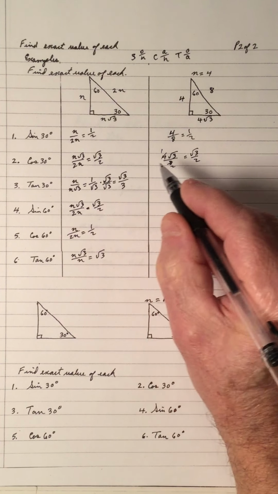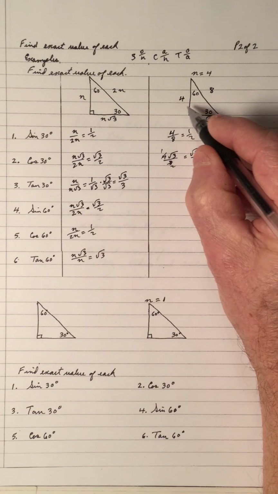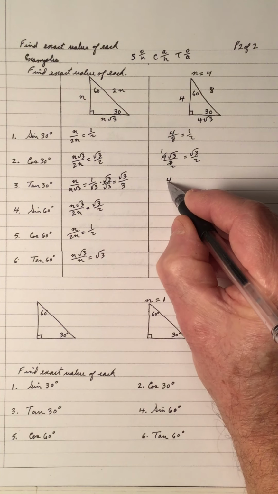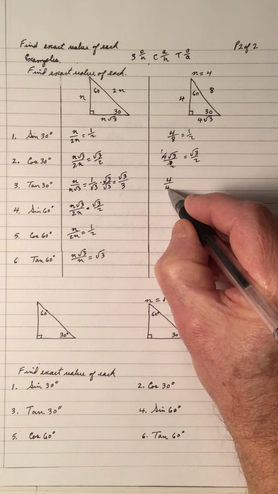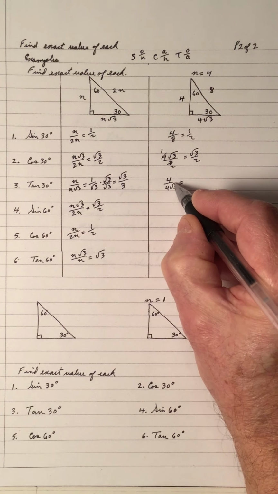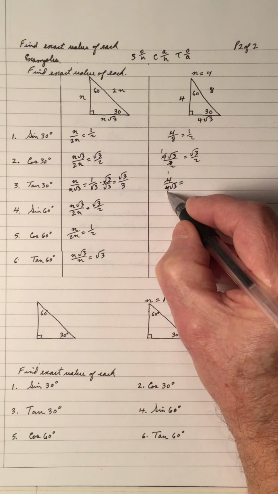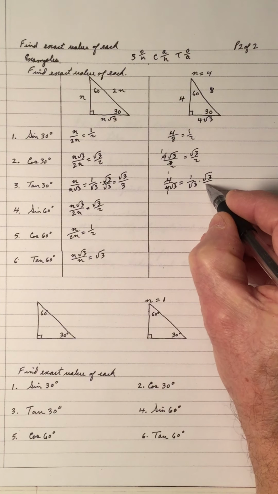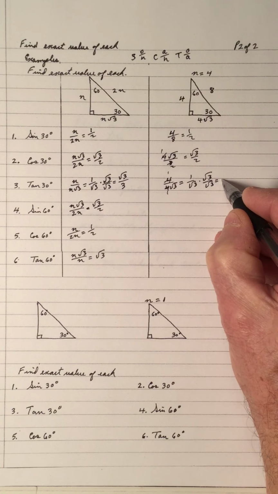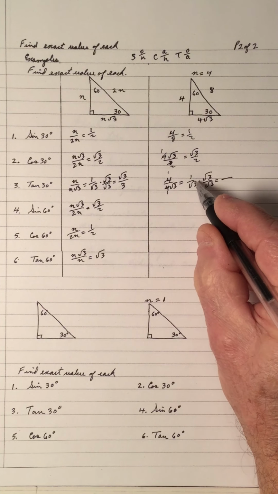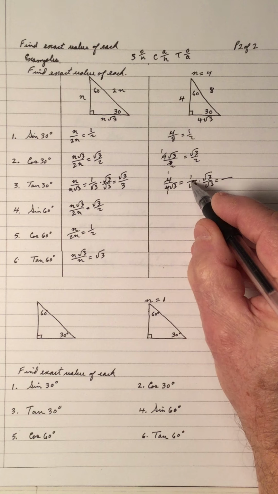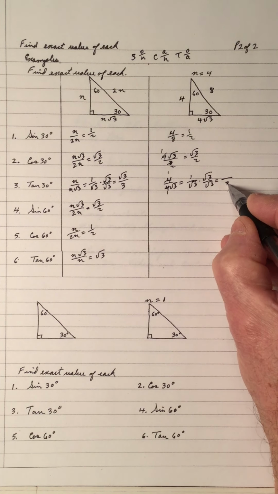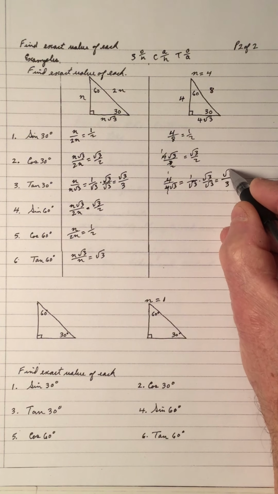Again, the same answer. The tan of 30 is opposite, which is 4, over adjacent, which is 4 root 3. The 4's cancel, so you get 1 over root 3. Multiplied by root 3 over root 3, because you have to rationalize your denominator. You're not supposed to have a radical in the denominator of a fraction. So root 3 times root 3 is root 9, which is 3, and 1 times root 3 is root 3.